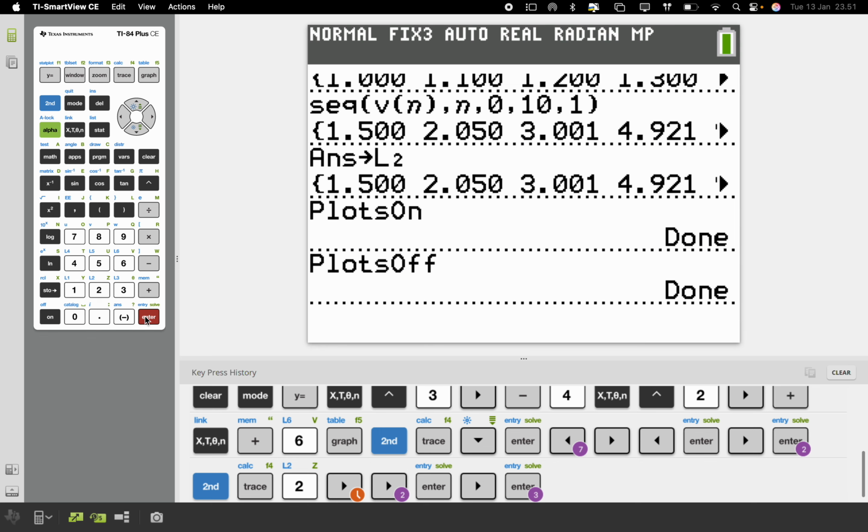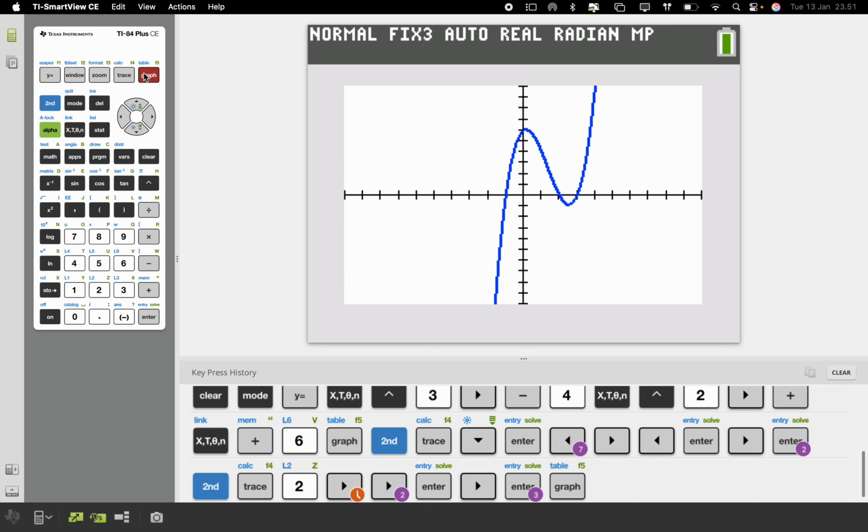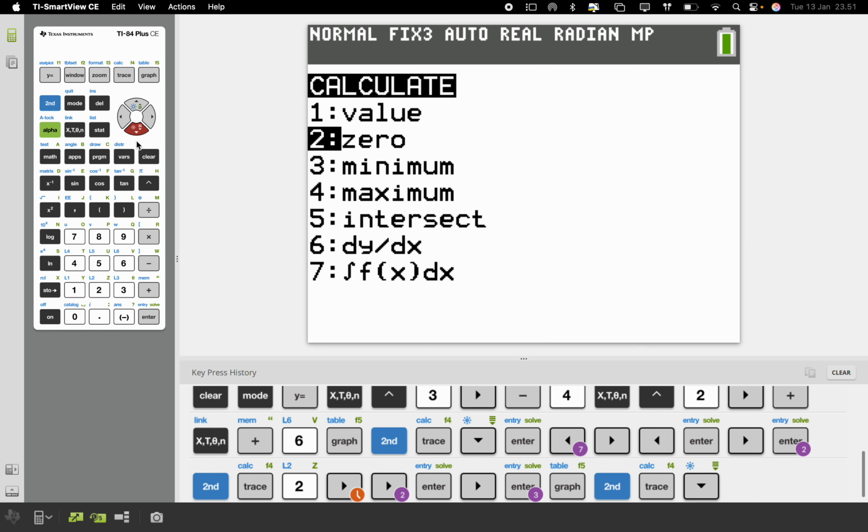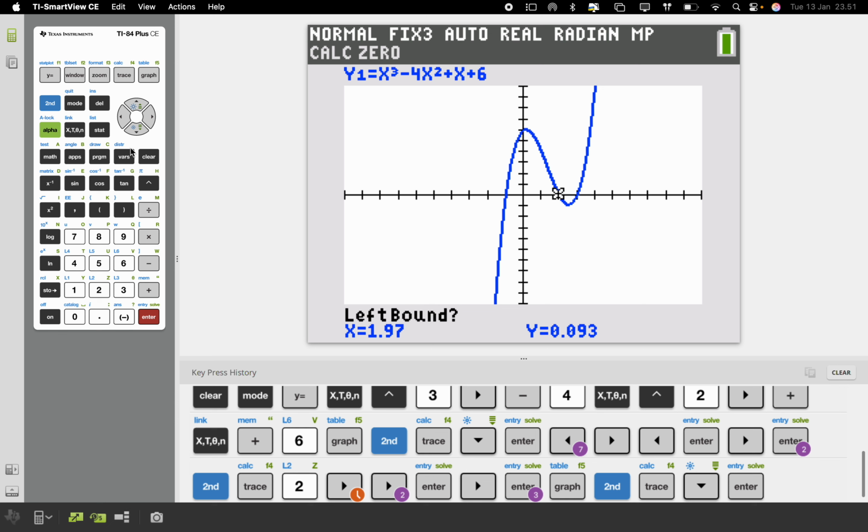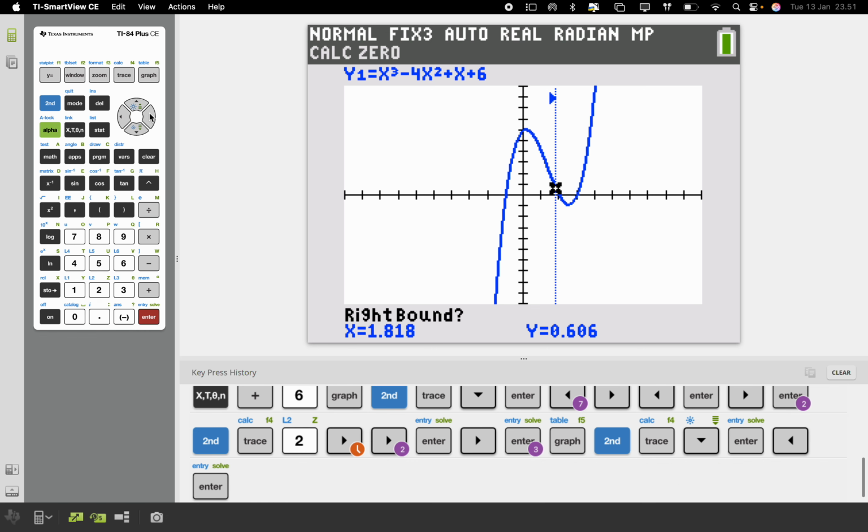That means we have to be very careful when we are finding the roots or zeros with the help of the GDC. It's very important to keep the cursor for the left bound on the left side of the x-intercept or the zero, and then on the right side. And the second zero is 2 comma 0.